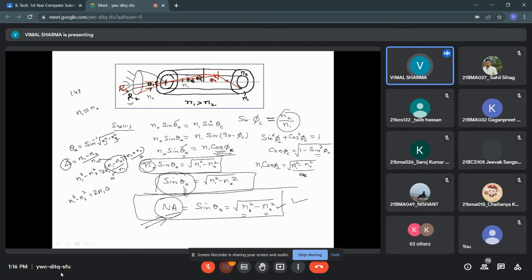If I say that this is my n1, that is refractive index of core, then it is 1.421. You can say this is the refractive index of cladding. Sorry, this should be less, so you can say it is 1.19.